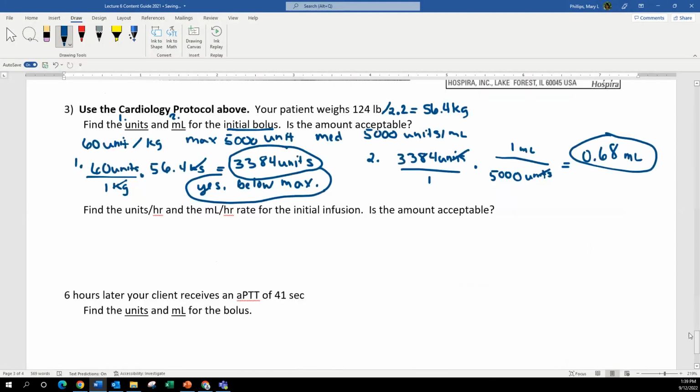So again, just going to start by jotting down all this information that I found so that I can keep track of it. So it was to be given at 12 units per kilogram per hour. We found that on the protocol. There was a maximum of 1,000 per hour. That's 1,000 units.